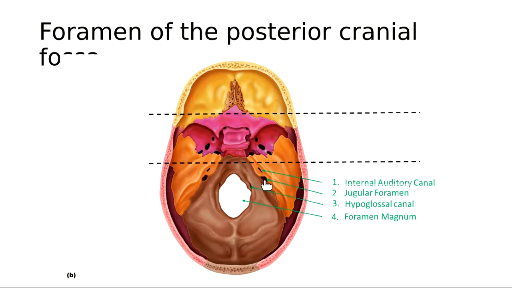Look on the inside of this big hole here, on the inside wall. Hypoglossal canal. Your cranial nerve goes through there. Cranial nerve number 12, hypoglossal. And then the big one, the big hole here, foramen magnum. That means large hole. So internal auditory canal, jugular foramen, hypoglossal canal, foramen magnum.